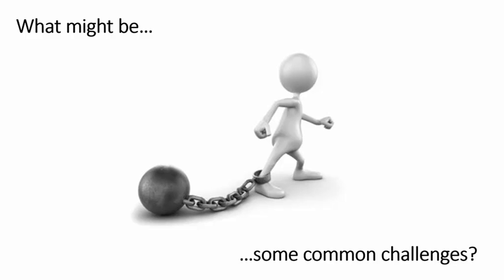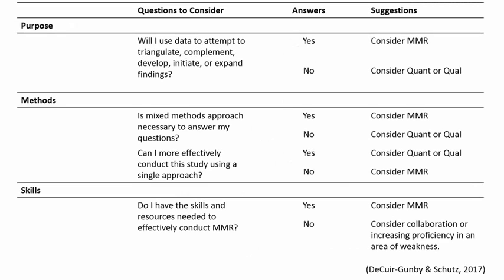What should be some things to consider? Well, if I'm thinking about conducting a mixed methods research study, am I going to use the data to accomplish something with both of them, right? We talked about the different rationales for mixing.